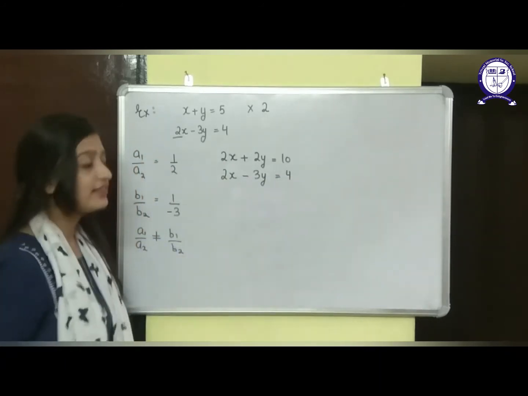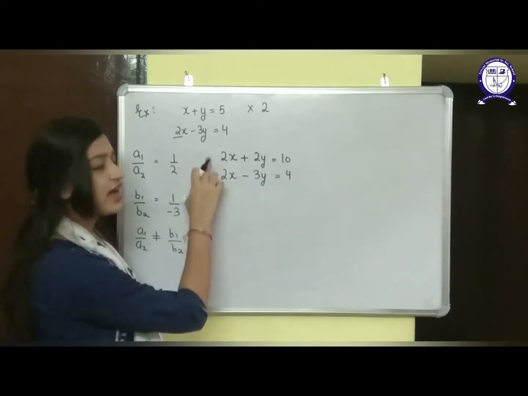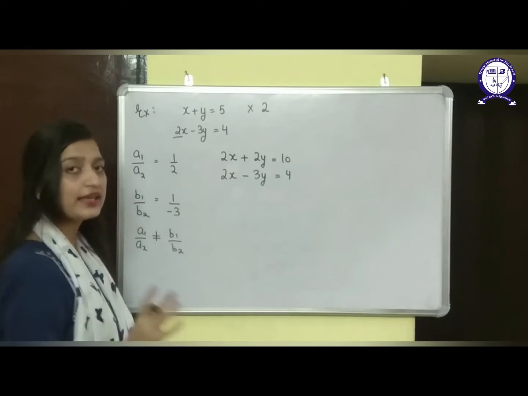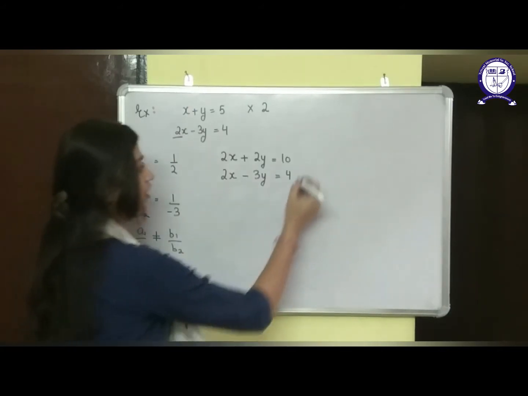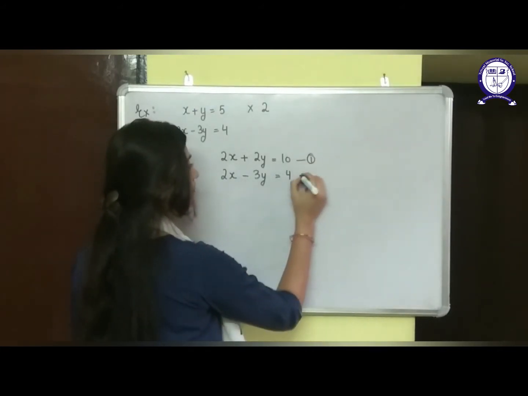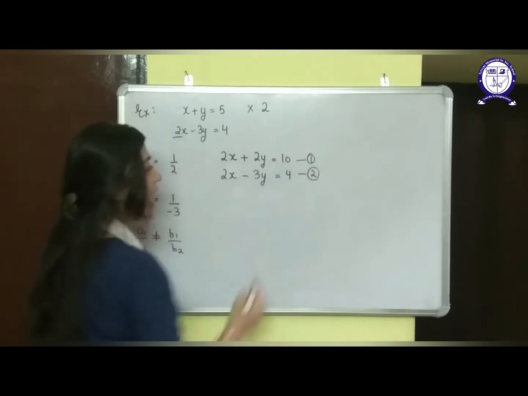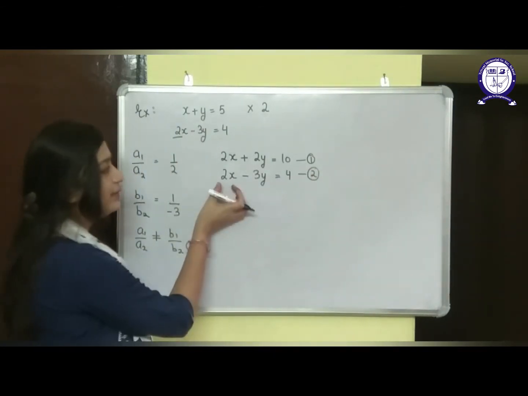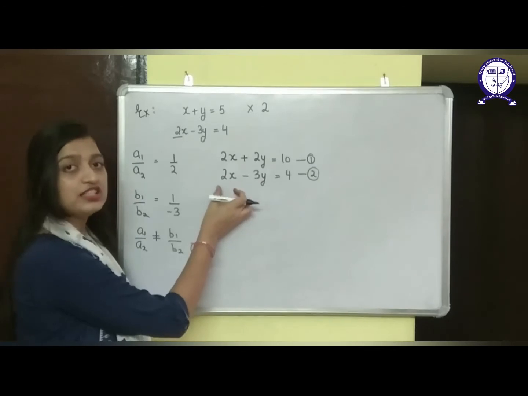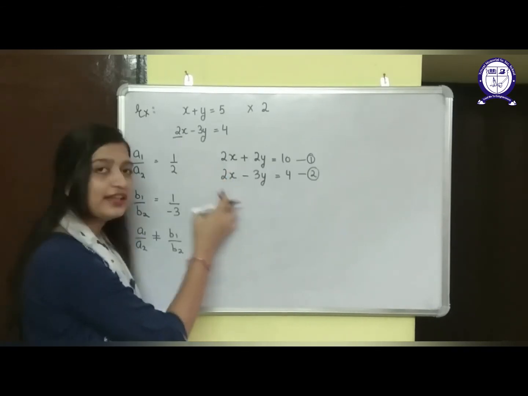The coefficients of x are now the same, so I can apply my elimination method. This is my equation 1, this is my equation 2, and to eliminate this variable, I will subtract them. 2x minus 2x cancels.